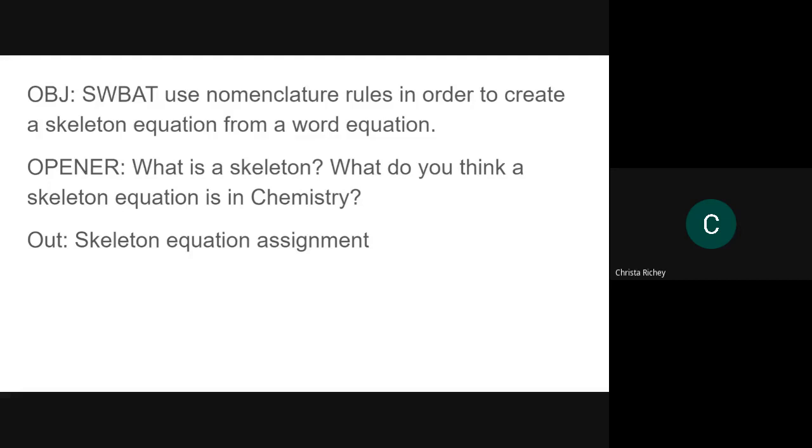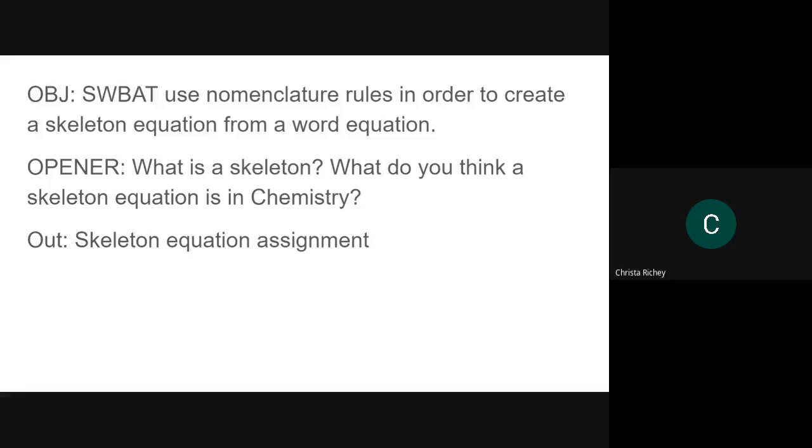All right, so in chemistry, what's the skeleton equation? What does it show? What does it do? Yes, you're going to have elements and numbers and stuff, but what does it do? Like combining all these.